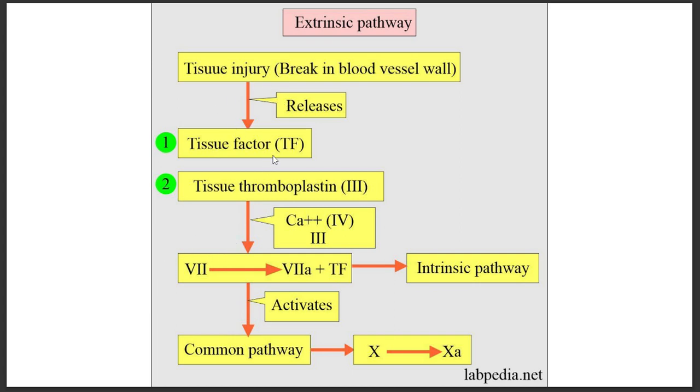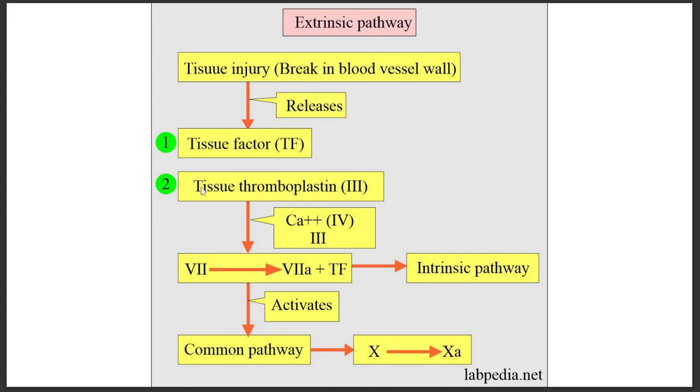So we can see now from this representation. We have got tissue injury. From tissue injury, we are going to have tissue factor being released. Okay, and then this tissue factor is going to convert the factor 7 to factor 7A. A just means activated.